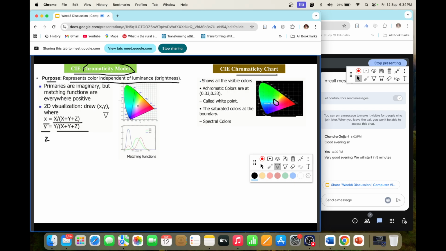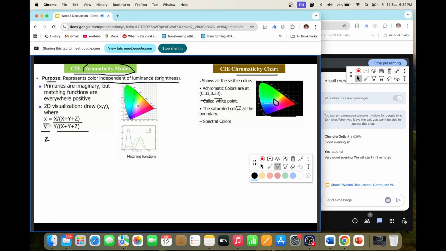So x equals y equals z. If we put x by x plus x plus x, that will be 1 by 3. Similarly, y by y plus y plus y will be 1 by 3. So this white color is nothing but the white point, the combination of these three colors, red, green, and blue, and it is formed by the point 1 by 3, 1 by 3 in this xy visualization.